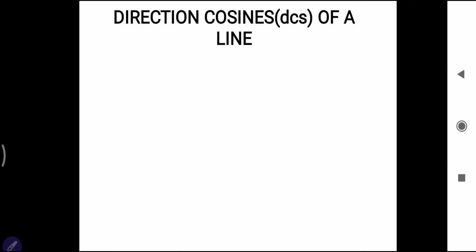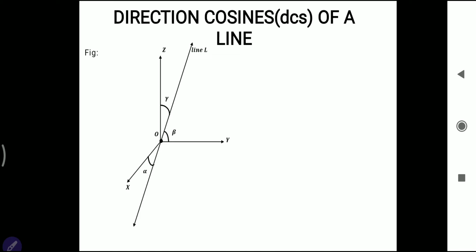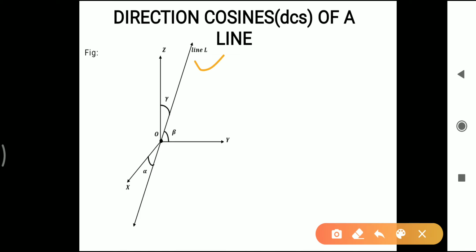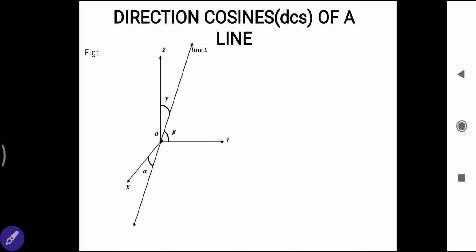Then the next and a very important thing that we are going to study is direction cosines of a line. Suppose we have a line L, and that line is making the angles alpha, beta and gamma with the x-axis, y-axis and z-axis respectively. Then the direction cosines are cos alpha, cos beta and cos gamma.